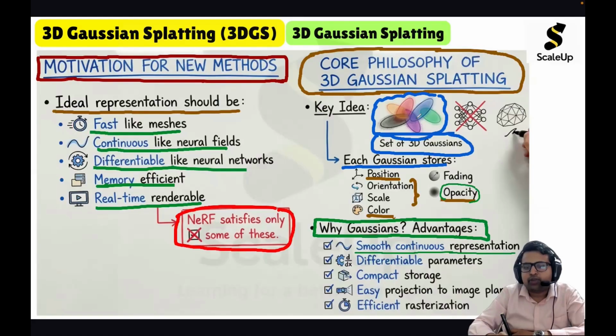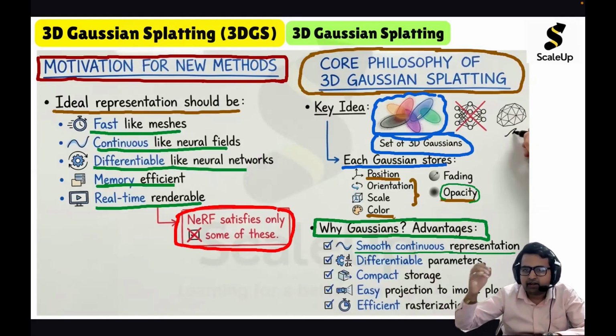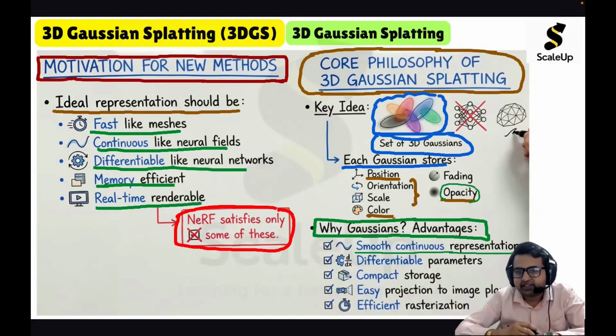And because of that, no gaps will be there, unlike the explicit representation using geometries, which was discrete in nature. But here, because of these 3D splats, we have a smooth continuous representation.